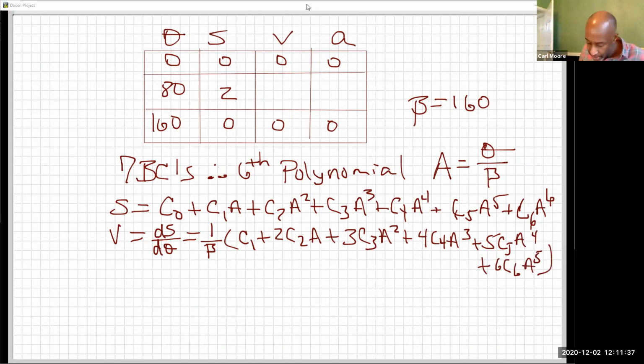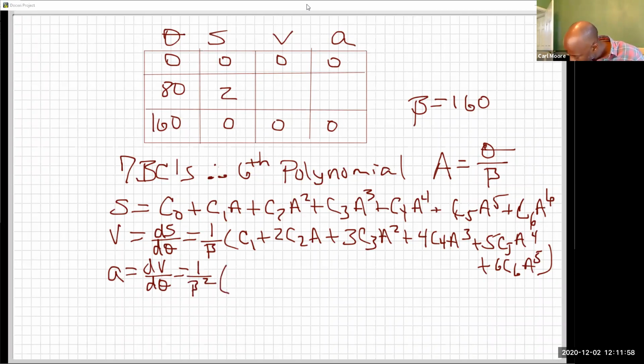And close parentheses. And our A is the derivative of V with respect to theta. So wherever we see an A, that is theta over beta. So when we take the derivative, we'll have 1 over beta. So that beta comes out again. Since we already had a beta on the outside, now we have beta squared out there.